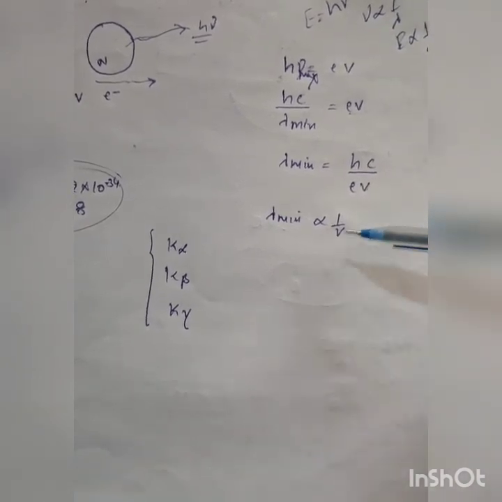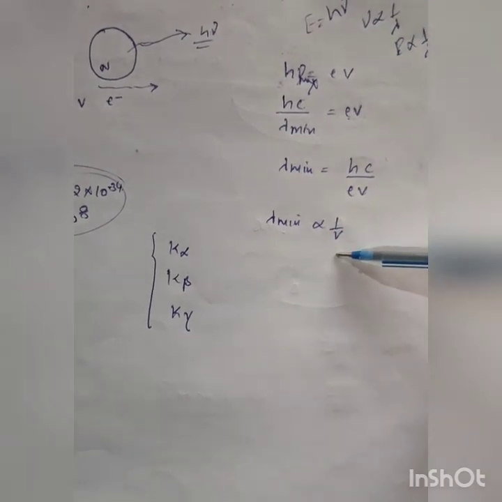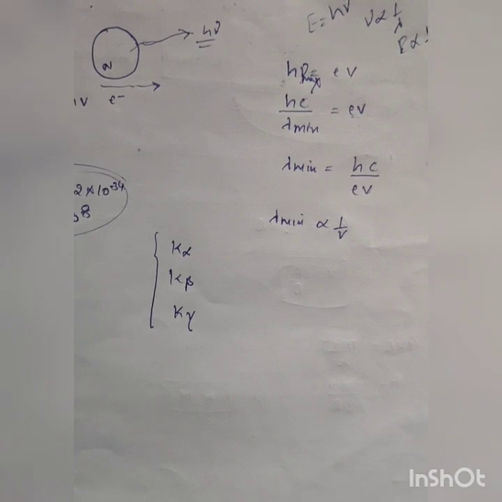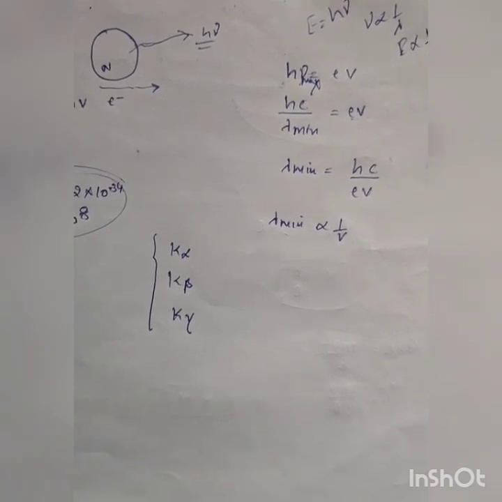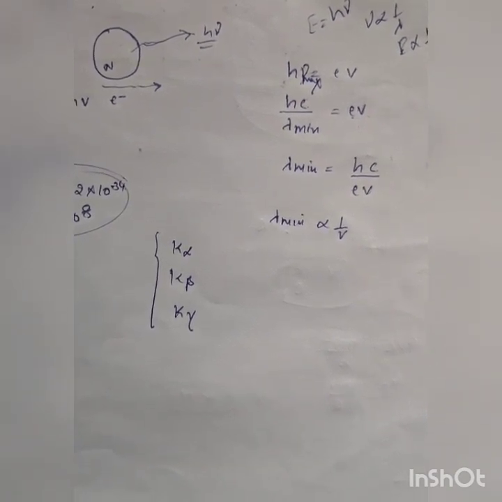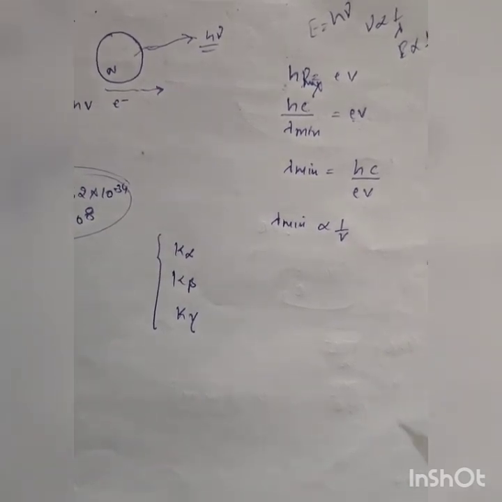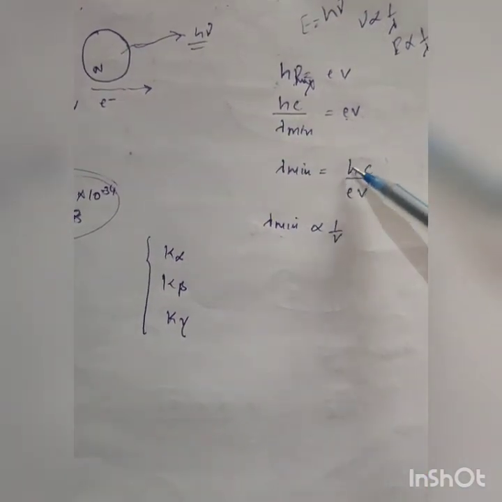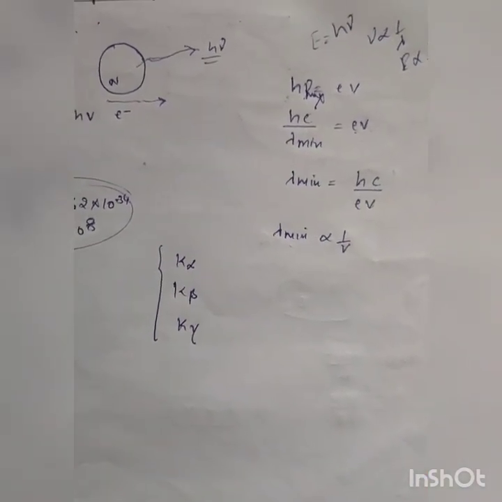From here we get that lambda minimum depends on V, the potential difference between the cathode and anode of the X-ray tube. We can find the lambda minimum value by putting the values of h and c.